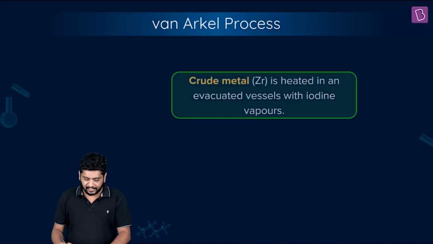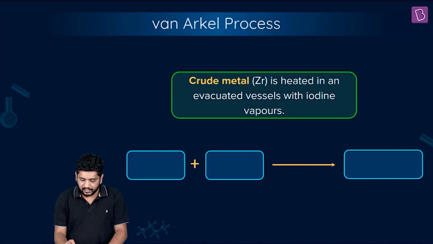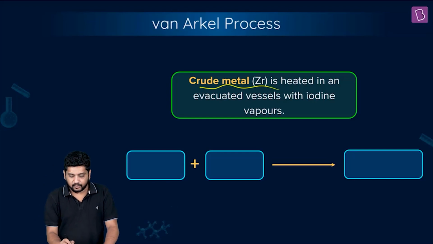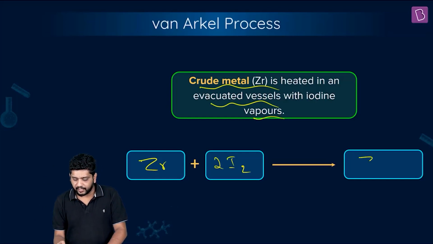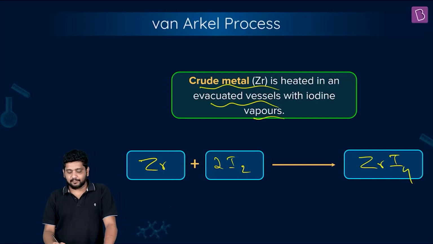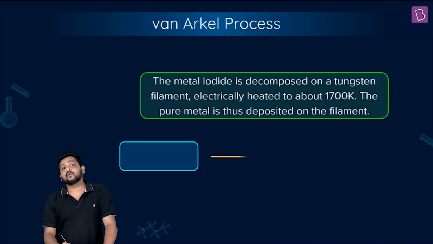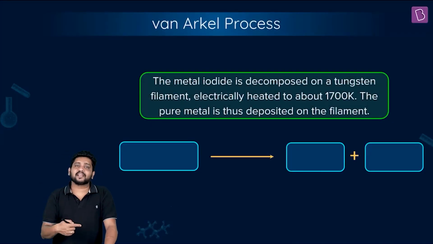So what is happening here? Let's look at the process. So crude metal zirconium, crude means it has impurities also, okay? So crude metal zirconium is heated in an evacuated vessel with iodine vapors. So zirconium plus 2 iodine in gas phase, and you are getting ZrI4, zirconium tetraiodide. This is our volatile substance that is produced, right? Now this zirconium can be re-extracted.